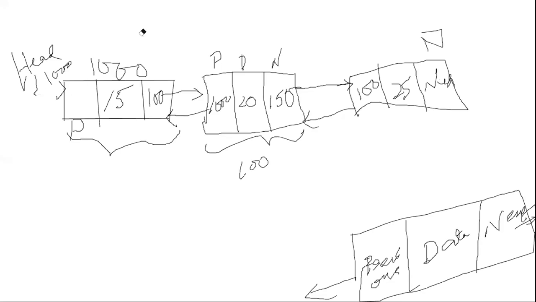Guys, are you clear? What is the value here? Is any previous node there for this node? No, ma'am. This is the first node. Am I correct, guys? This is your first node. Yes, ma'am. So here you don't have a value because you don't have a node previous to this.